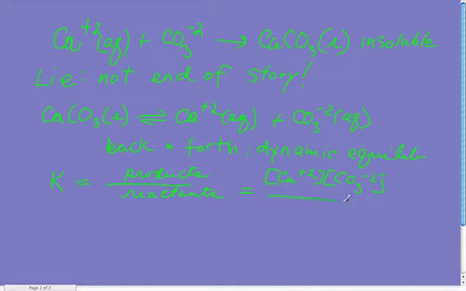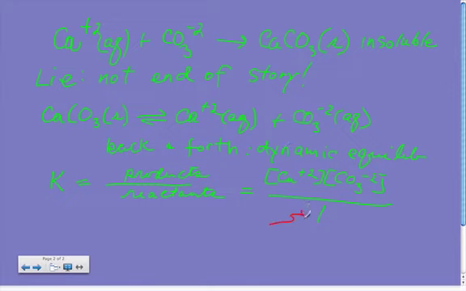It doesn't mean it's 0, it just means we put a 1 there. What is the concentration of a solid? We just call it 1. So we just call that the solubility product.